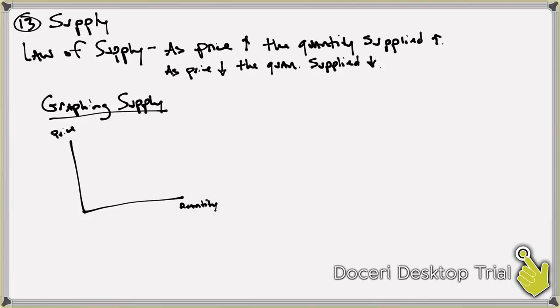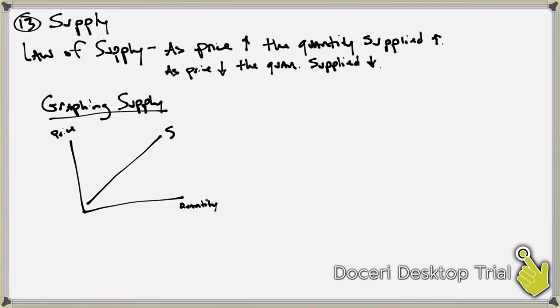Our demand curve illustrates the law of demand, and the supply curve illustrates the law of supply. And that concept is that as price increases, the amount that we're going to supply is also going to increase. So our supply curve is always going to be upward sloping. It doesn't really matter what supply we're talking about. As long as the law of supply holds true, your supply curve will always look like this.